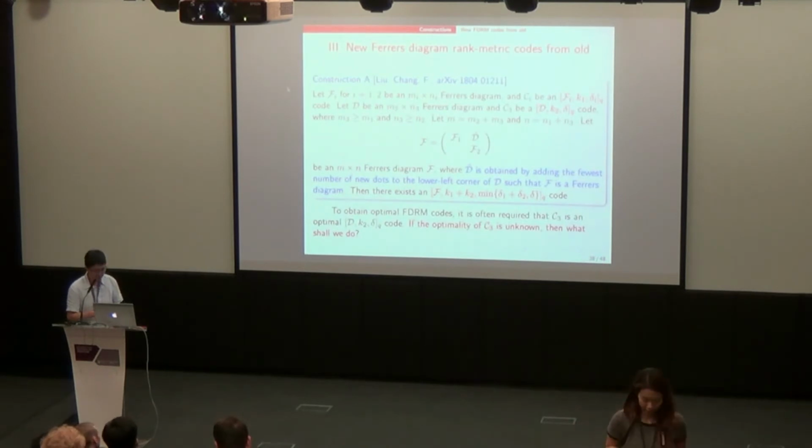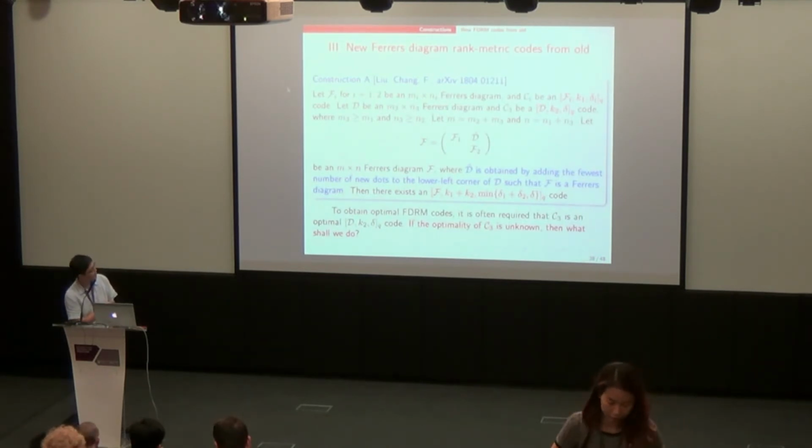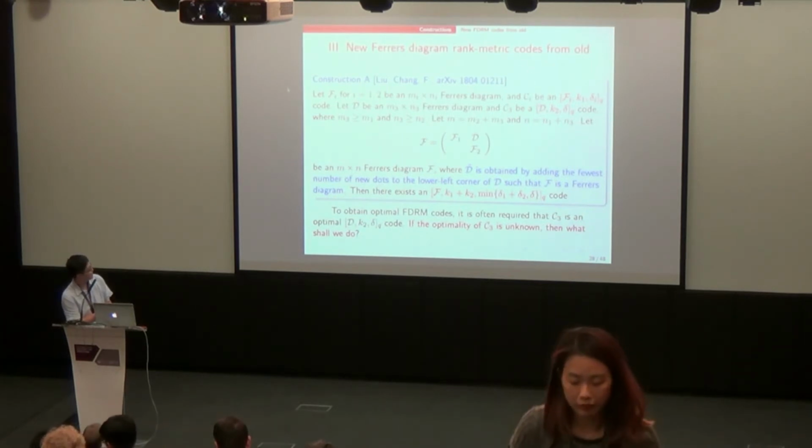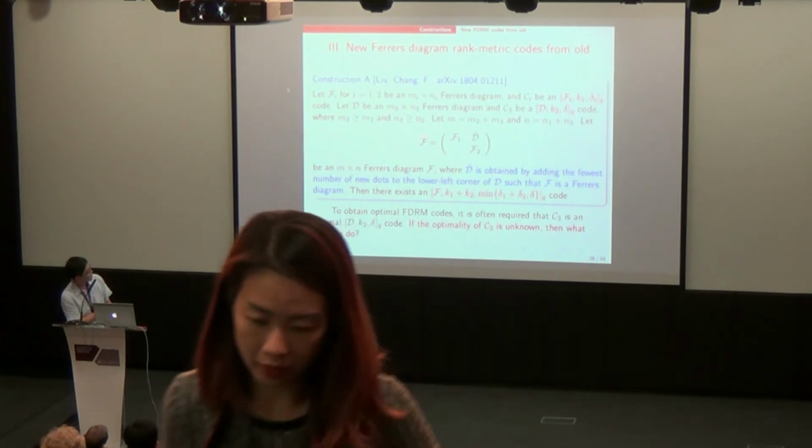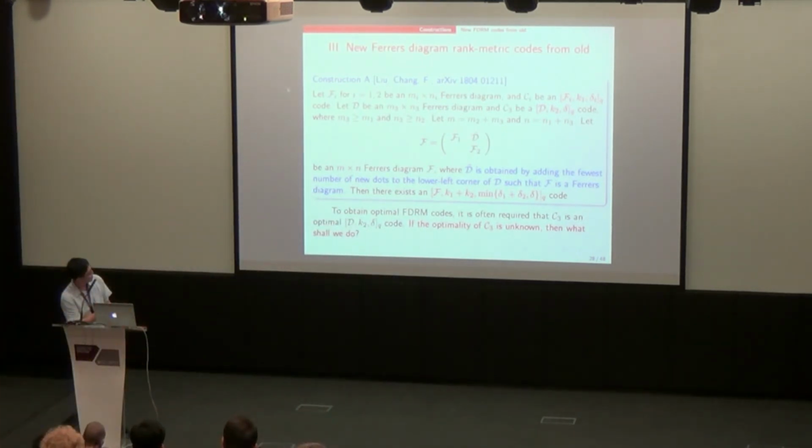The third construction is to construct a new Ferrers diagram from old ones. We want to construct a code with Ferrers diagram F. If F can be partitioned into 3 parts, F1, F2, and D hat, if there exists an F1, K1, delta 1 code, if there exists an F2, K1, delta 2 code, and if there exists a D, K2, delta code, then you can find a code with this parameter.